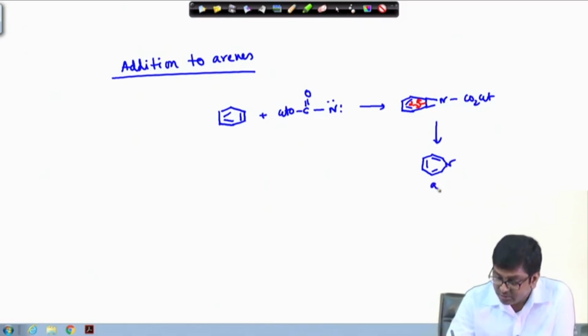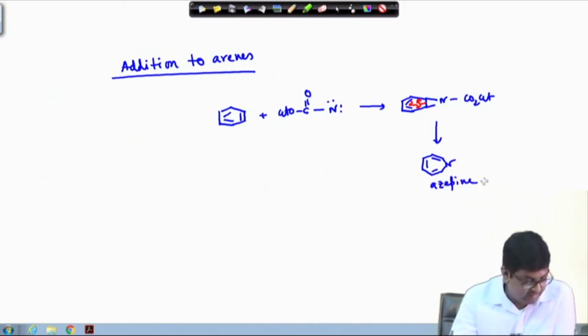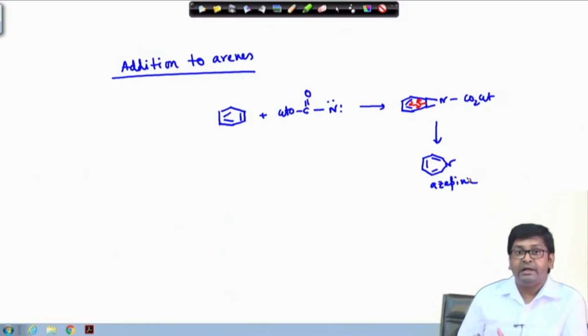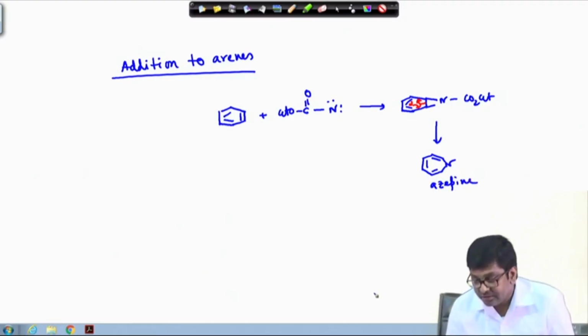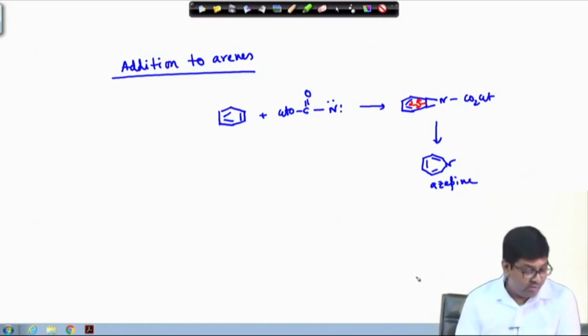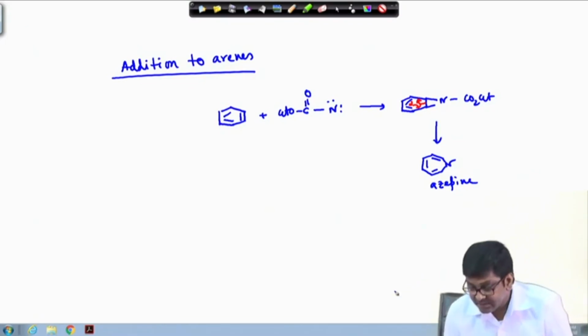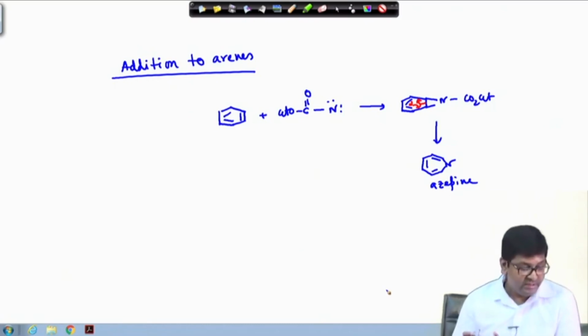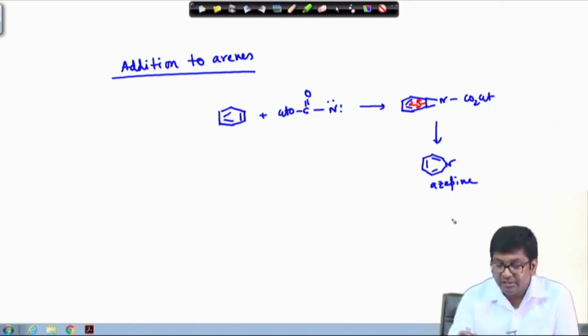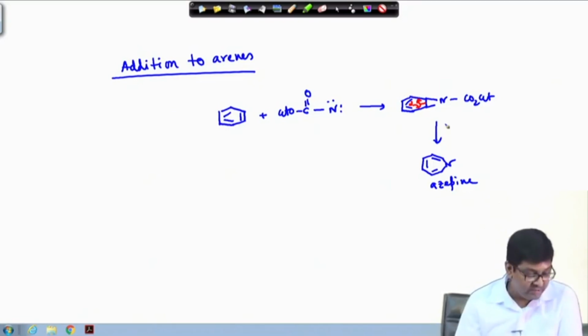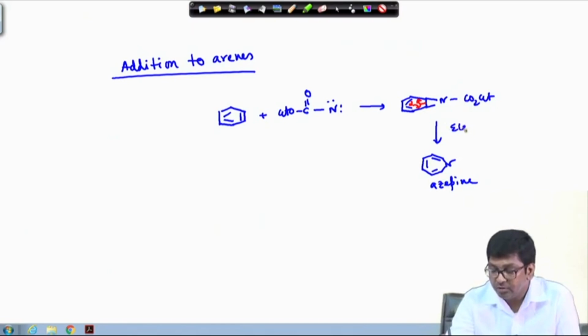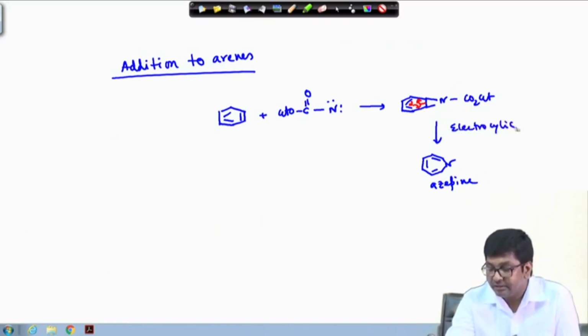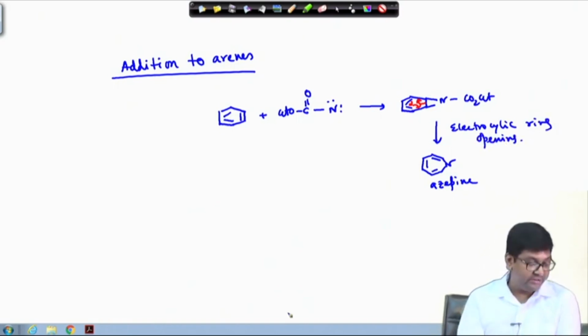This is called the azepine ring, a seven-membered nitrogen containing compound. So, this compound comes through first this 1,2 cycloaddition followed by this electrocyclic ring opening, that leads to this azepine ring.